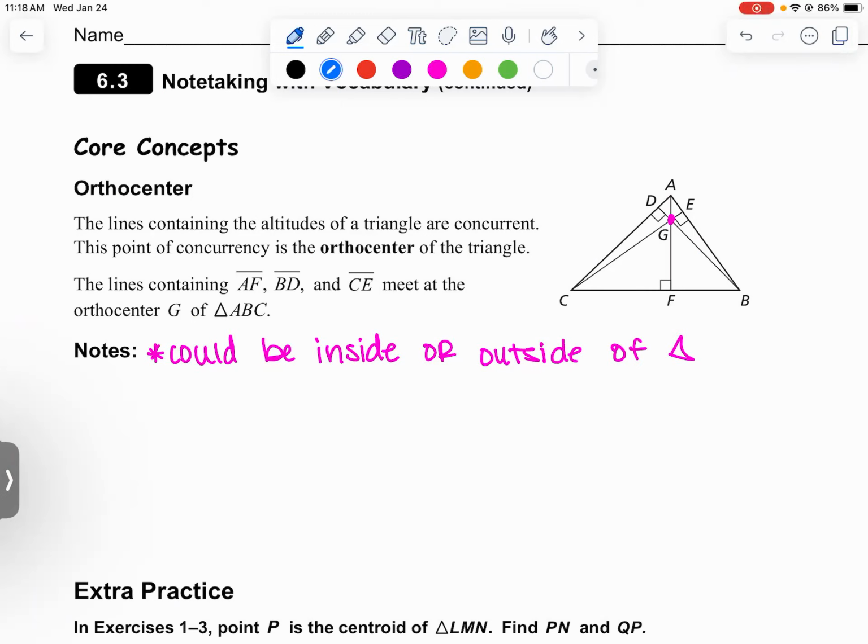What kind of triangle do we need to draw? Okay, so what I want you to do is draw an obtuse triangle.